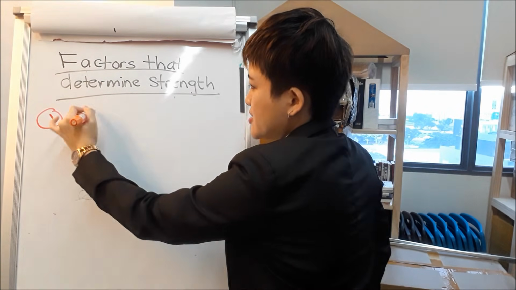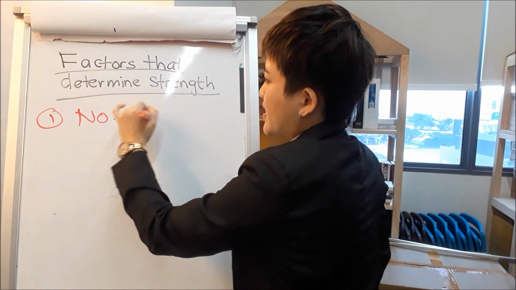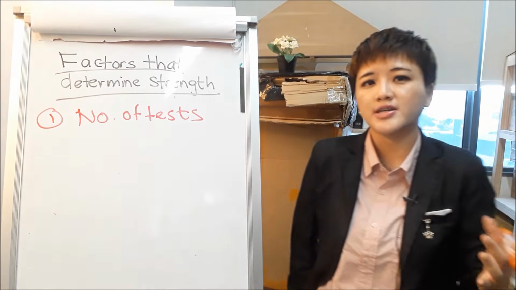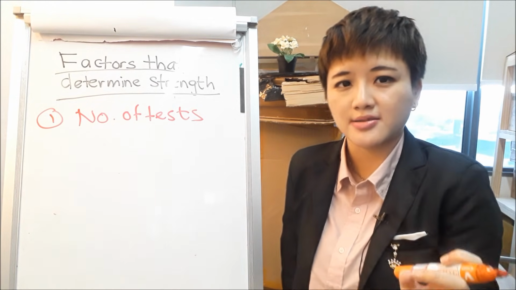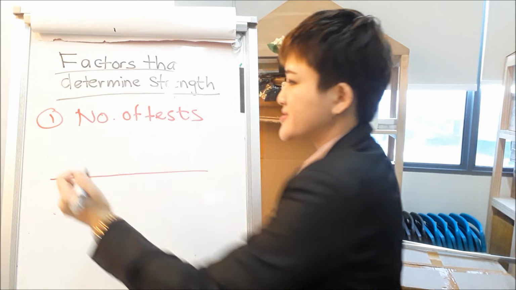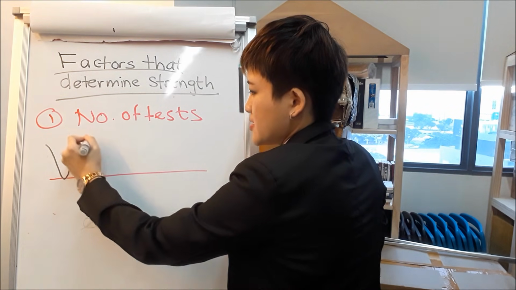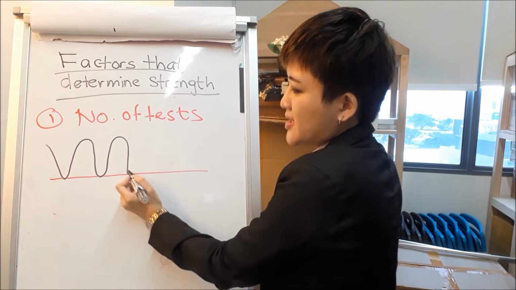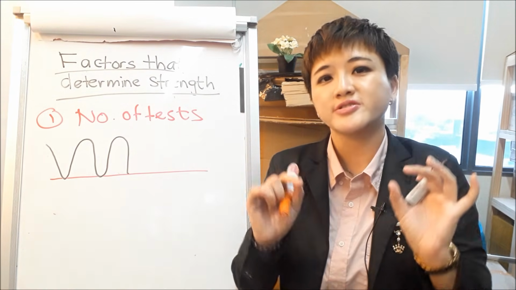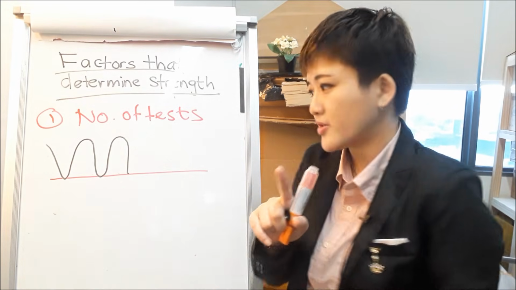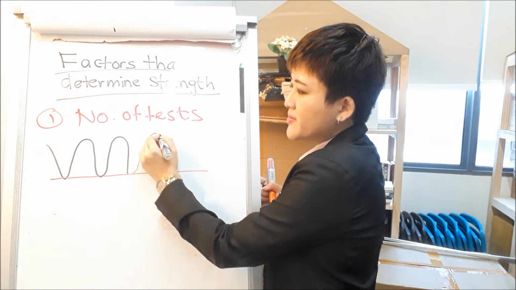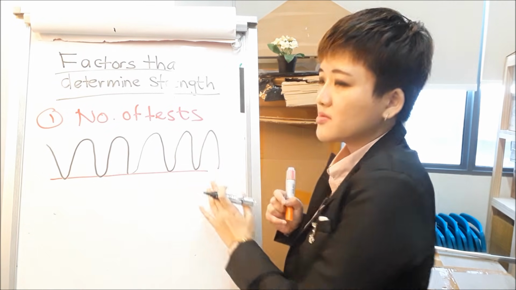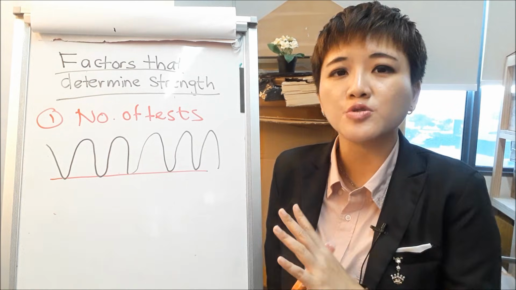The first factor depends on the number of tests. A lot of people will say the more it tests support resistance, the stronger it is, only to a certain extent. Because you know why? When the price first tests a support, on the third touch, this support will still be considered strong. Understand what I'm saying? But at one point in time, when it tests too many times, the support will become weaker and weaker, because trends don't go on forever.